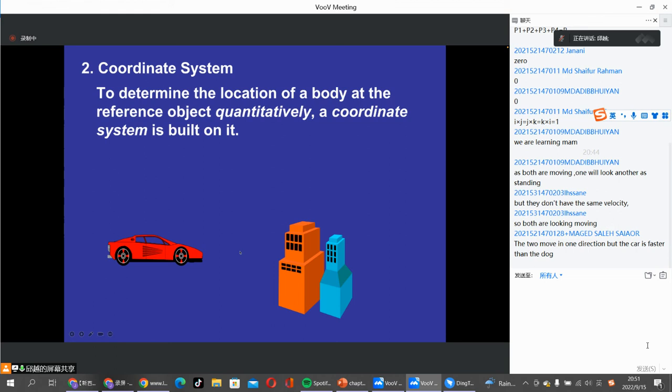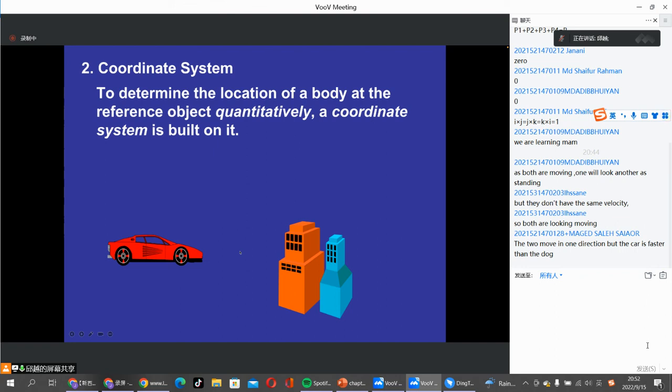A coordinate system is used to determine the location of a body and the reference object quantitatively. And a coordinate system is built on it. So from this sentence we can know first you need to choose a frame of reference.